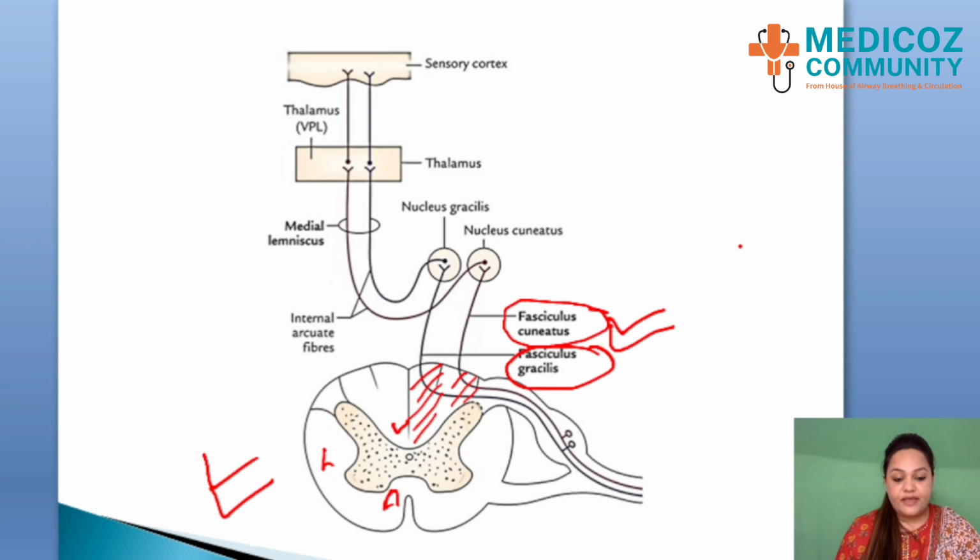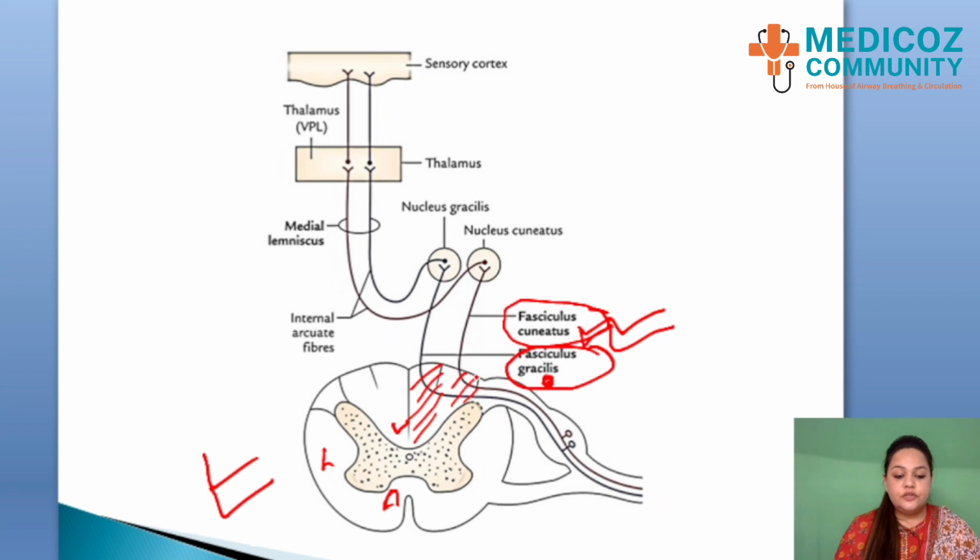These two tracts carry the sense of proprioception, out of which the fasciculus gracilis carries proprioception from the lower limb, and cuneatus carries proprioception from the upper limb. They also carry the vibration sense, some amount of pressure and fine touch.